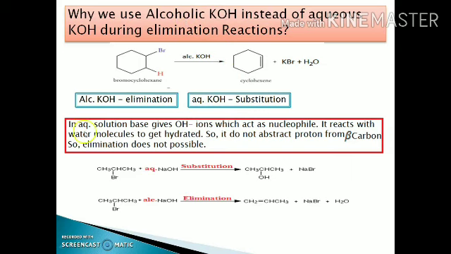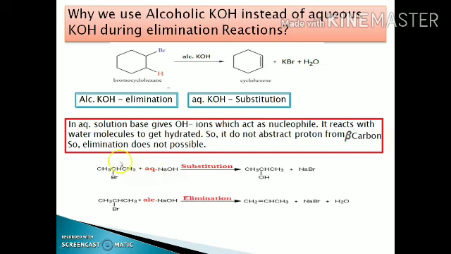In the aqueous solution, the base gives OH negative ions which act as a nucleophile, and they react with water molecules to get hydrated, so they are unable to abstract the proton from the beta carbon atom, and elimination is not possible in this case.